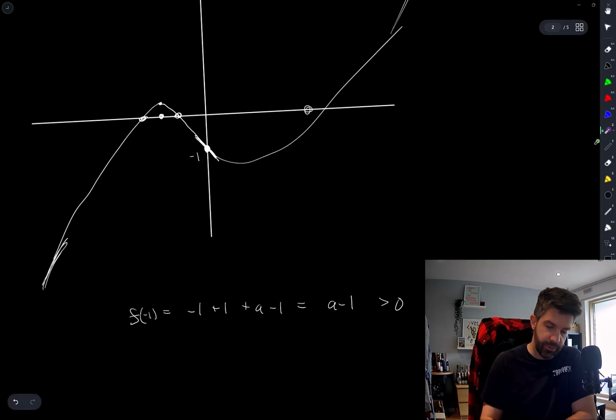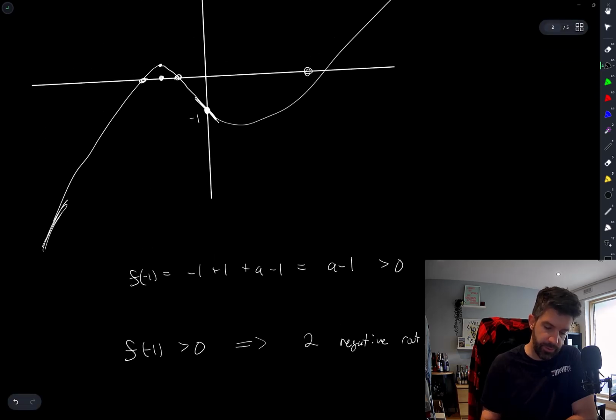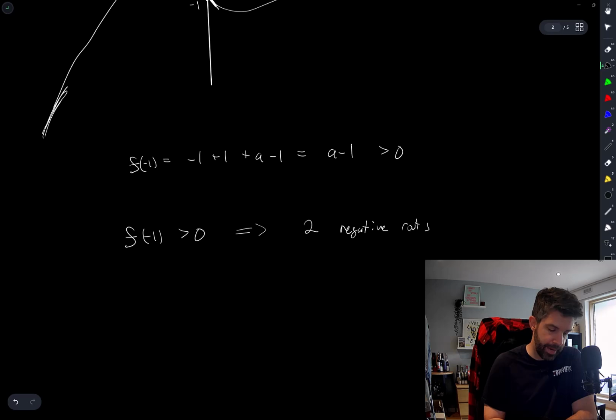Yeah, that's enough. The fact that f of negative 1 is greater than 0 implies 2 negative roots. Well, f of negative 1 is greater than 0 and f of negative infinity is equal to negative infinity, and f of 0 is equal to negative 1, which is less than 0.